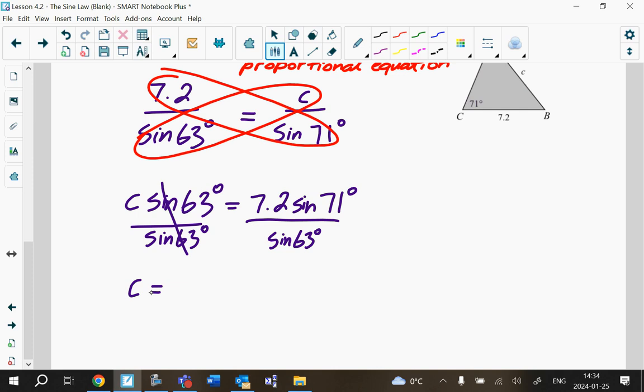So on your calculator, and if you've got one with you now, you should try it, just to make sure you know how to do it, because we're doing multiple operations now with trig. I just do 7.2 times the sine of 71, and then I put equals, and then I divide sine 63.